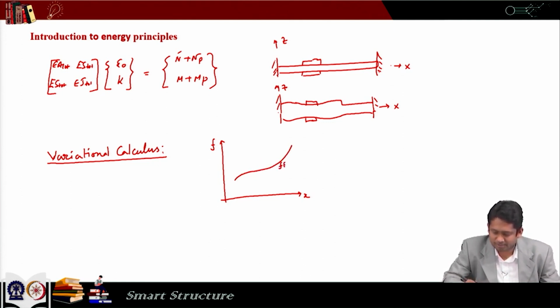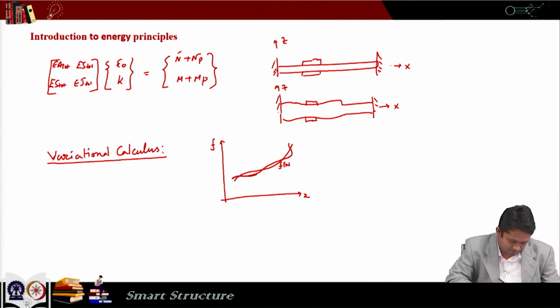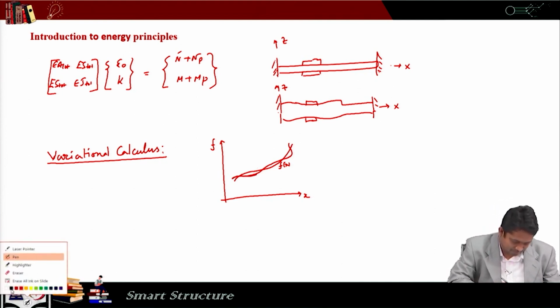Now, let us assume that we perturb the function little bit and get another function maybe something like this. So, it is a small perturbation. This new function, which is this, maybe I can put a different color here.